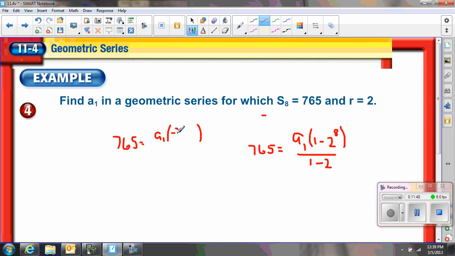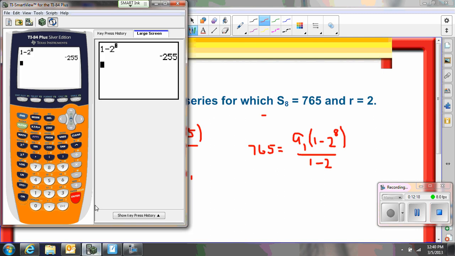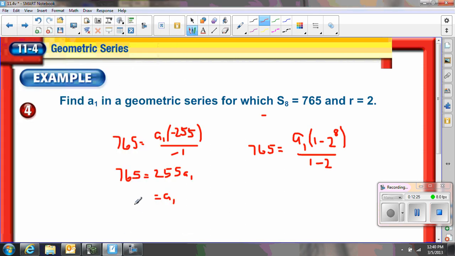So I have a negative 255 over a negative 1, which means 765 is equal to, negative over negative is a positive, 255 a sub 1. Now, I'm looking for a sub 1, so we'll solve by simply dividing 765 by 255. 765 divided by 255 gives me an answer of 3.